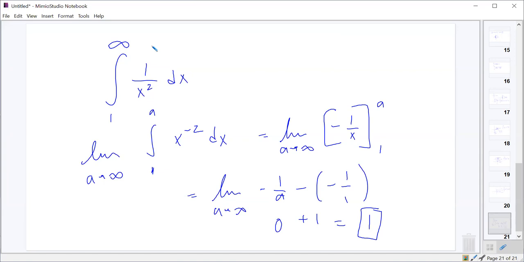If we did the integral test, we'd write this exact integral and say that it converges to a value of 1, so we know that the series of 1 over n squared from n equals 1 to infinity also converges. We would also know that it converges by the p-series test. We proved it way back when. But that's just a quick side note on improper integrals and using them in the integral test.